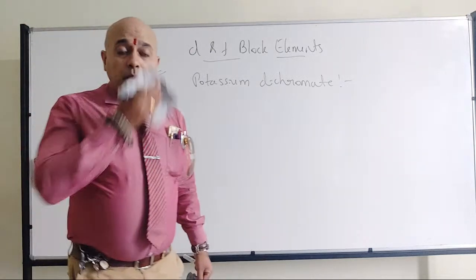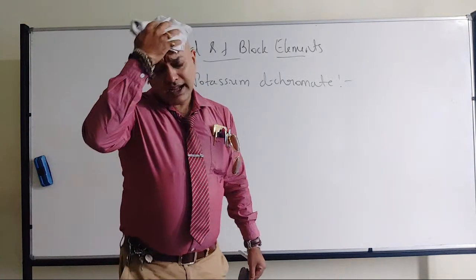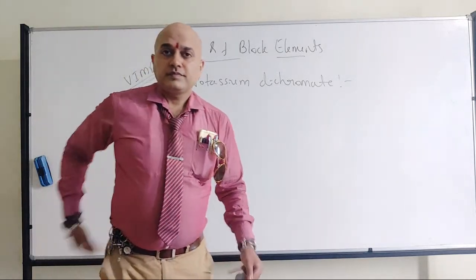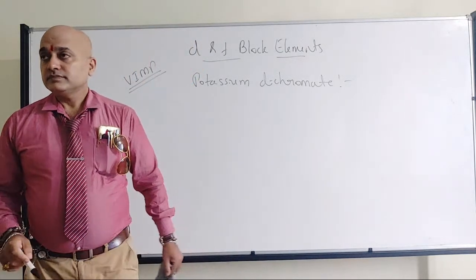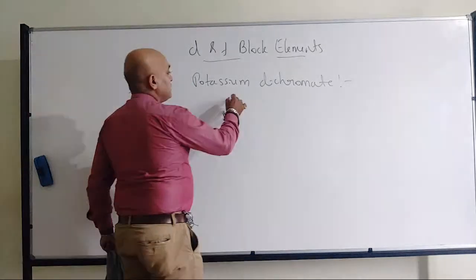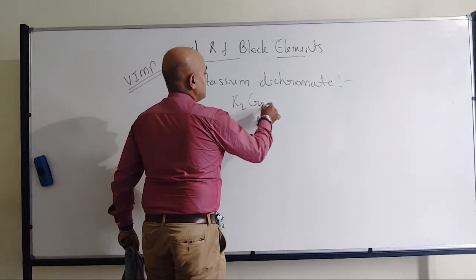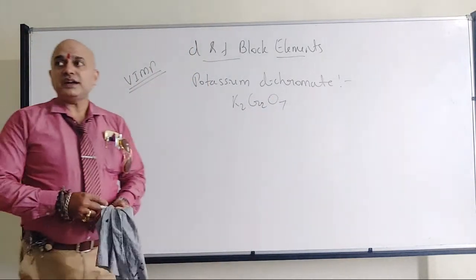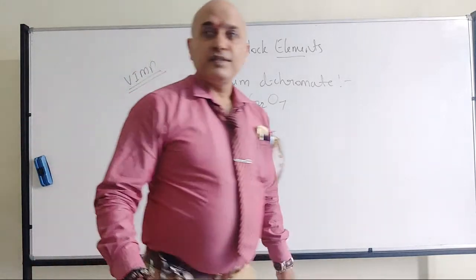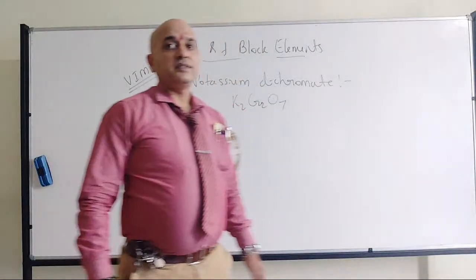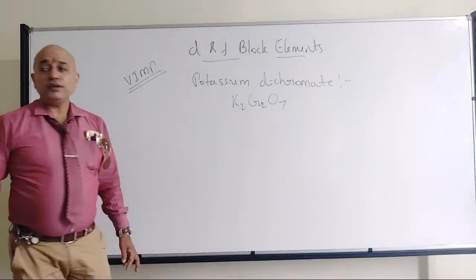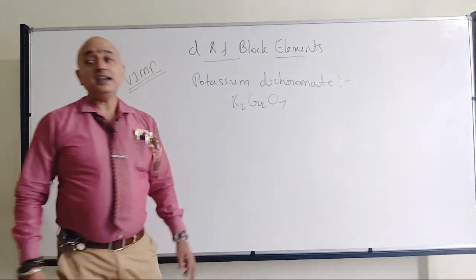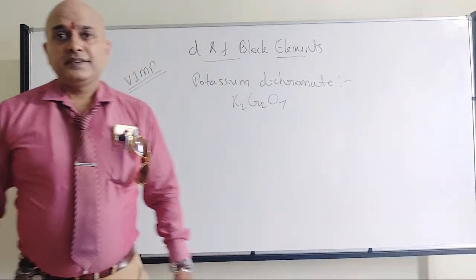Now, when it comes to potassium dichromate, the formula we know, K2Cr2O7. Which type of compound is it? No, it's not a coordination compound, because there is a presence of covalent bond between chromium and oxygen.